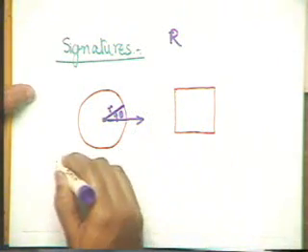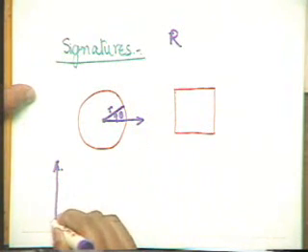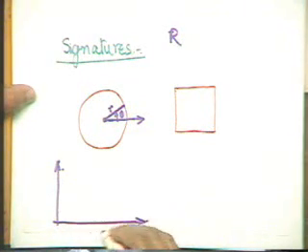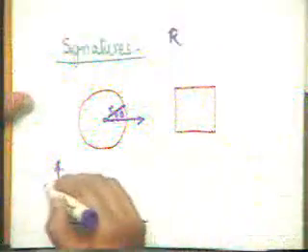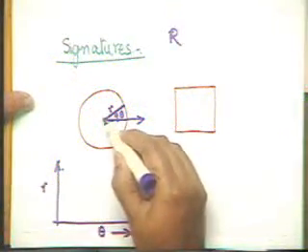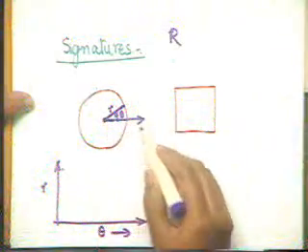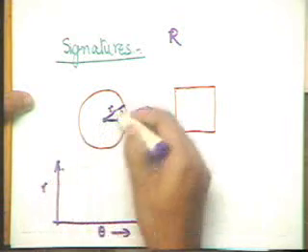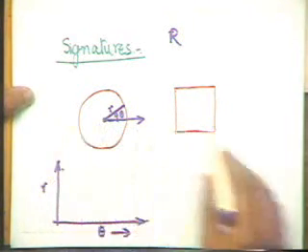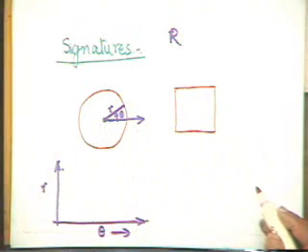Now if we make a plot of theta in the x direction and r, that is the distance of the centroid to the boundary pixel, in the y-axis, then what type of curve are we going to get for the circle? We are going to get a straight line of amplitude equal to capital R, because capital R is the radius of the circle.